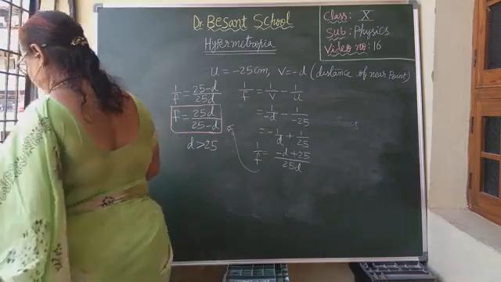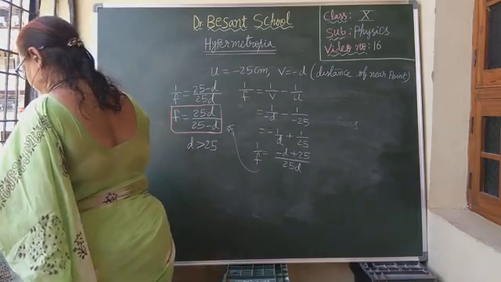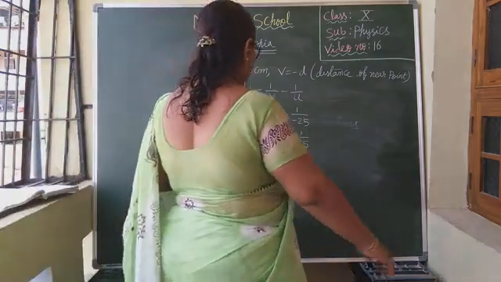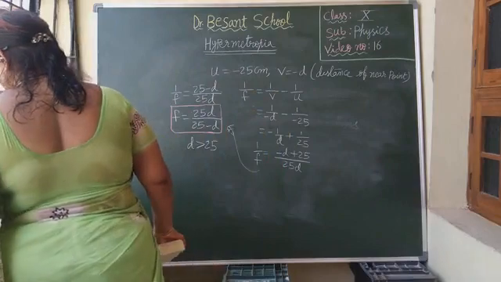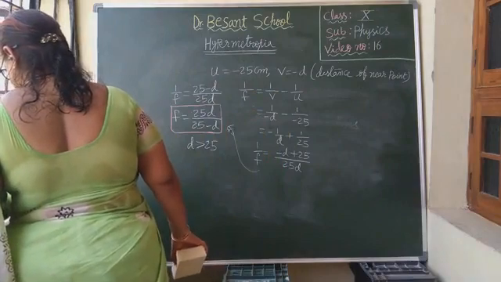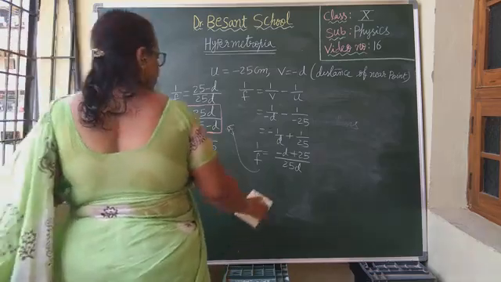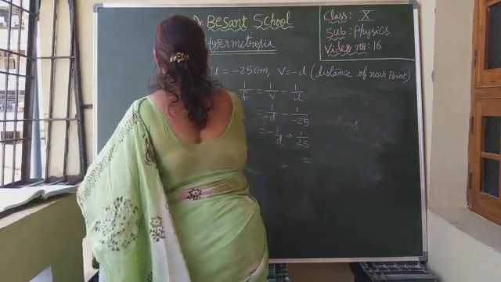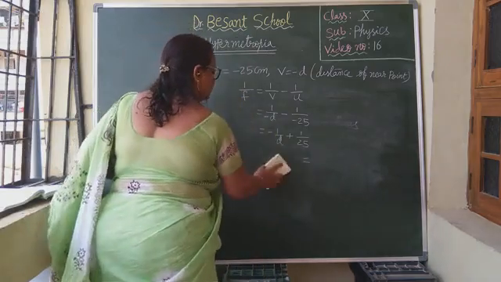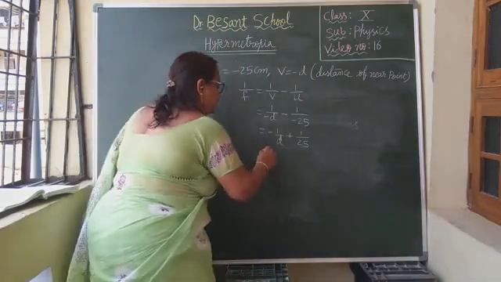One minute, children, one minute. Small correction. Sorry children, a small mistake is there here. Let us correct it, I am sorry.